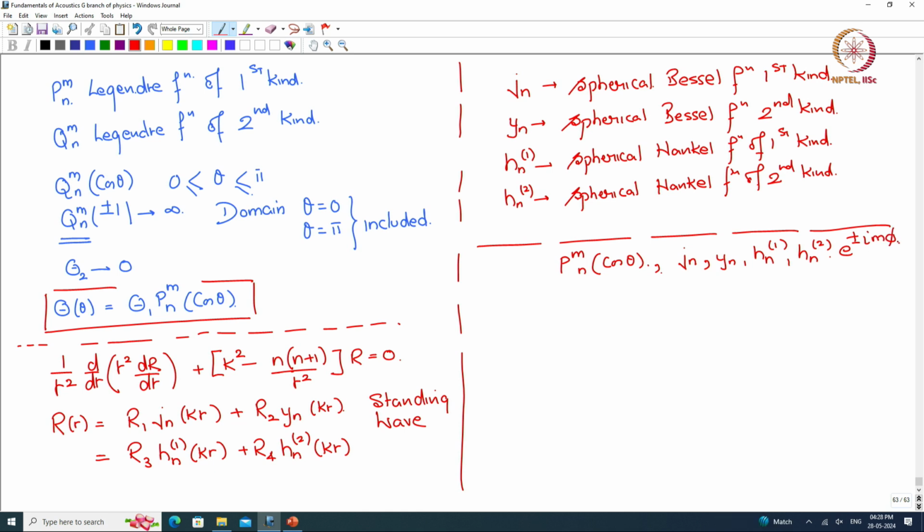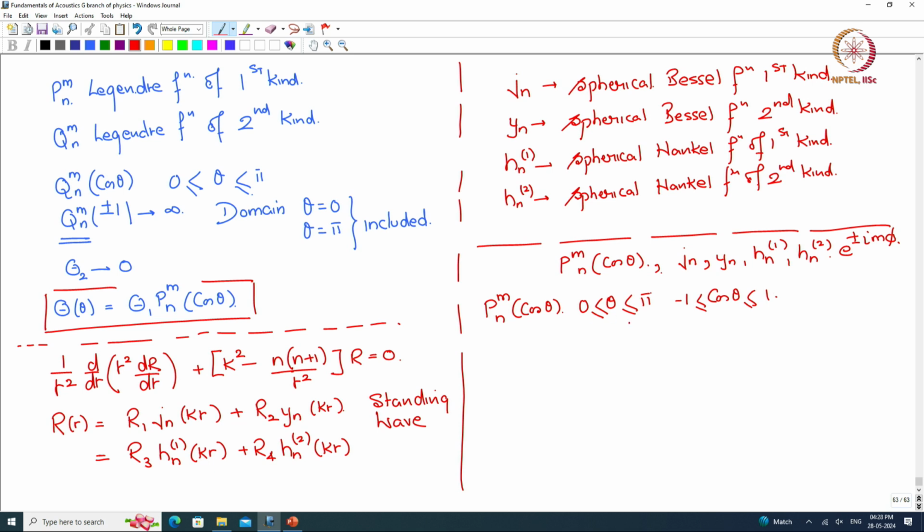So now let's look at Pmn of cos theta, or the Pmn functions. Okay. Now theta goes from 0 to pi, so cos theta of course lies between minus 1 and 1.